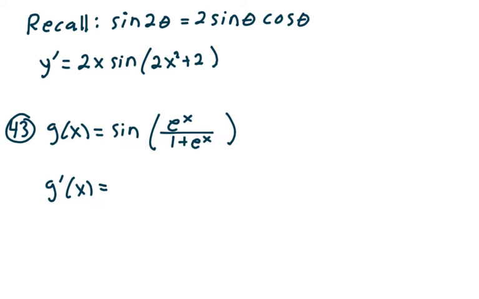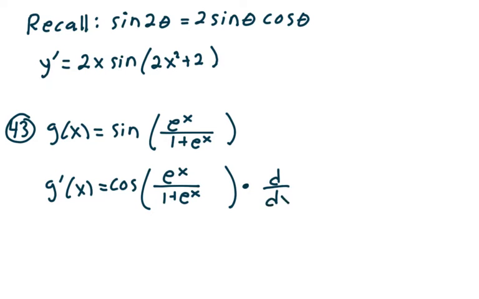The derivative of the sine function is the cosine function. So I'm going to write cosine of that inside function, and remember that's e to the x over 1 plus e to the x. And I'm going to take the result and multiply by the derivative of that inside function.